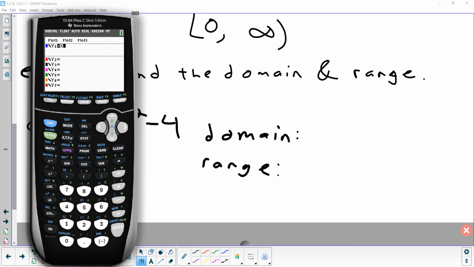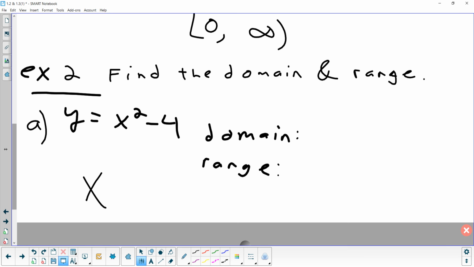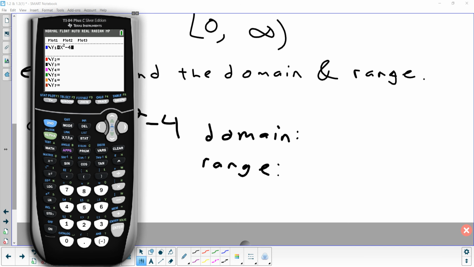And we're going to press x squared minus 4. Now, you want to make sure when you do minus 4 that the minus 4 is not up in the exponent. If yours looks like x squared minus 4 all up in the exponent, that's not right. It should look like this.